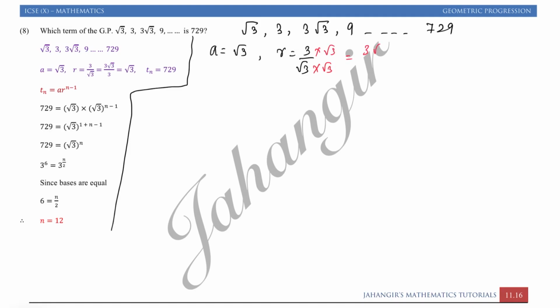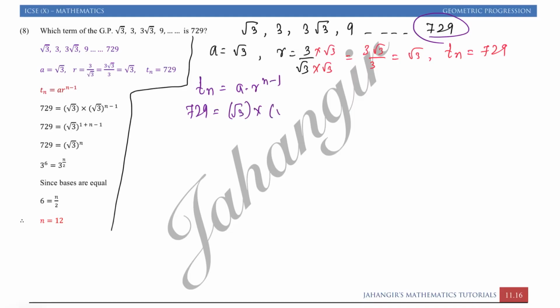So that is 3 root 3 upon 3, that is equal to root 3, and Tn is 729, that is the nth term. So now first we will write the Tn formula, that is a into r raised to n minus 1. Tn is 729 is equal to root 3 into r's value, root 3, raised to n minus 1.